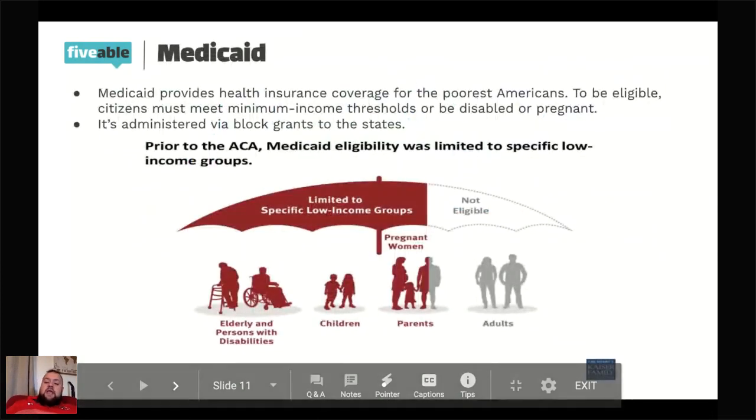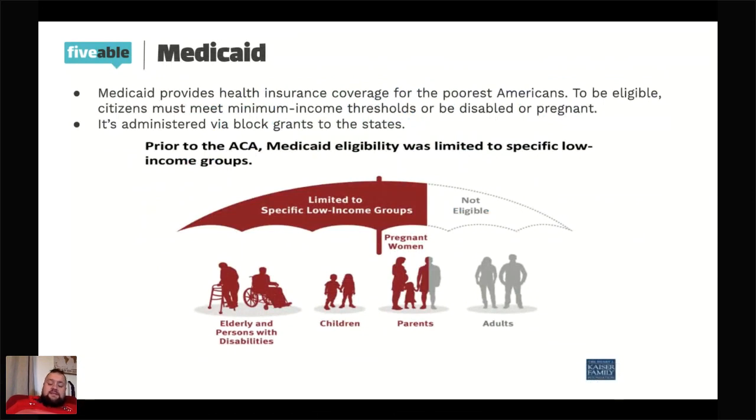Now, the other end of that program is Medicaid, and this also comes about as a part of the Great Society of LBJ in the 1960s. Medicaid provides health insurance coverage to the poorest Americans. To be eligible for Medicaid, citizens must meet minimum income thresholds or be disabled or pregnant.